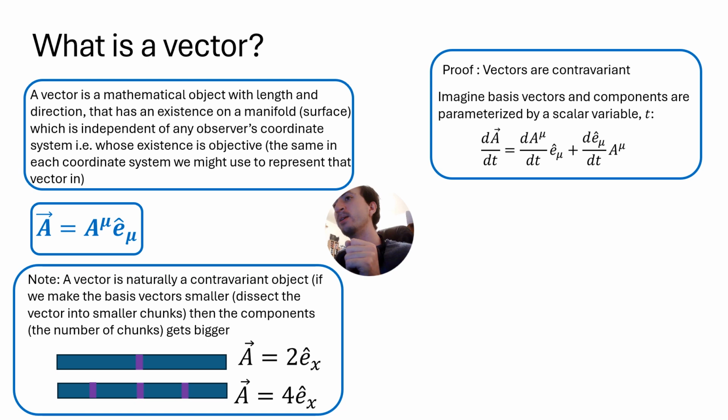Well, if we're interested in ensuring that the vector as a whole doesn't change, we can calculate the derivative of the vector with respect to t. If A is a vector, dA/dt is going to be 0, because even when we change the size of our basis vectors and also our components, the vector as a whole won't change, because the vector as a whole has some coordinate independent meaning.